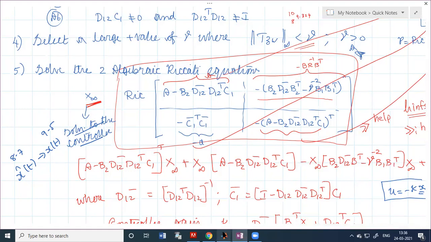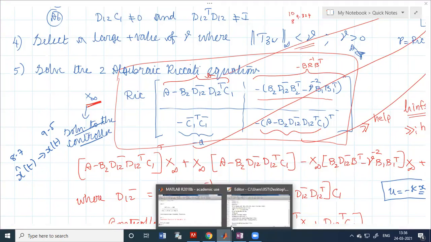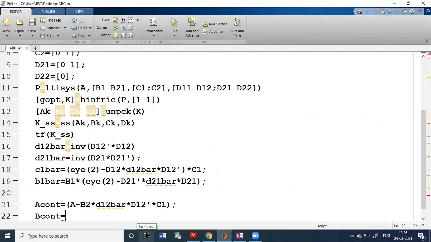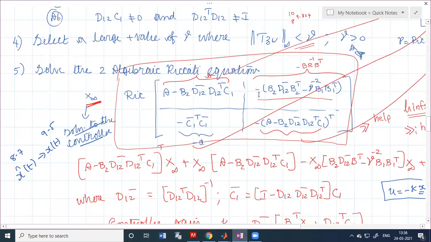So tell me, what is this? Read it out. Minus of. What is that B part? If you take the minus sign inside, you will get... there is no minus sign here.